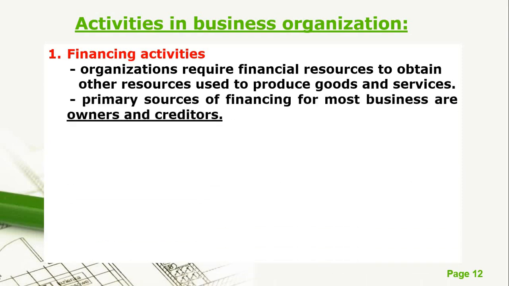The primary source of financing for most businesses is owners and creditors. So basically, those who provide the needed financial resources for organizations to operate and produce goods and services are the owners and creditors.